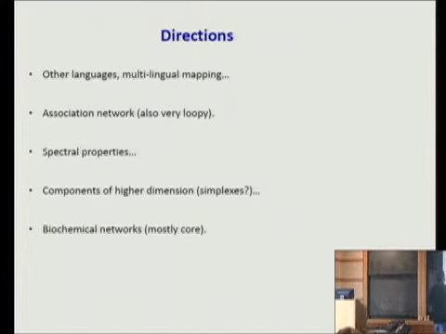We did some work on the association network. The association network is what you get if you ask several thousand people what is the first association that they get from a word. So we get another big network, and I think, as you would expect, this network is even more loopy.